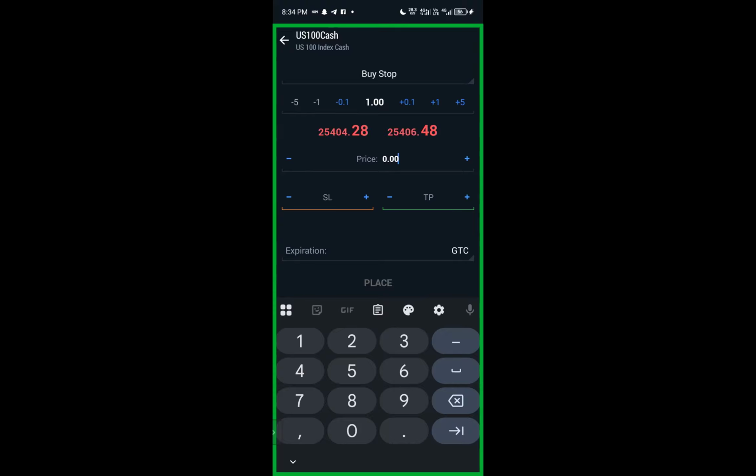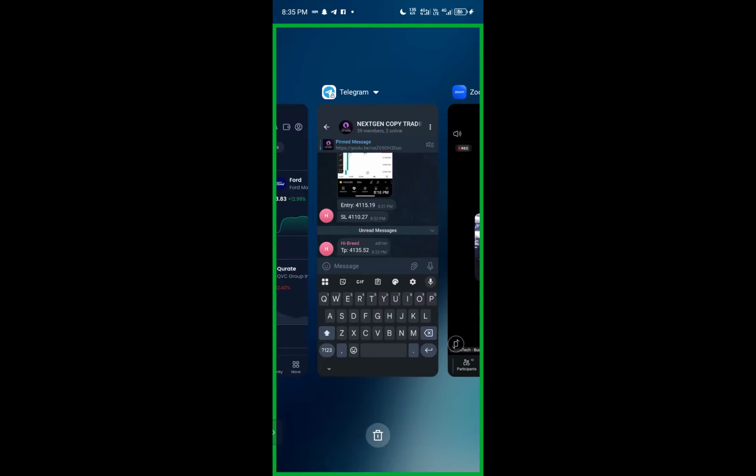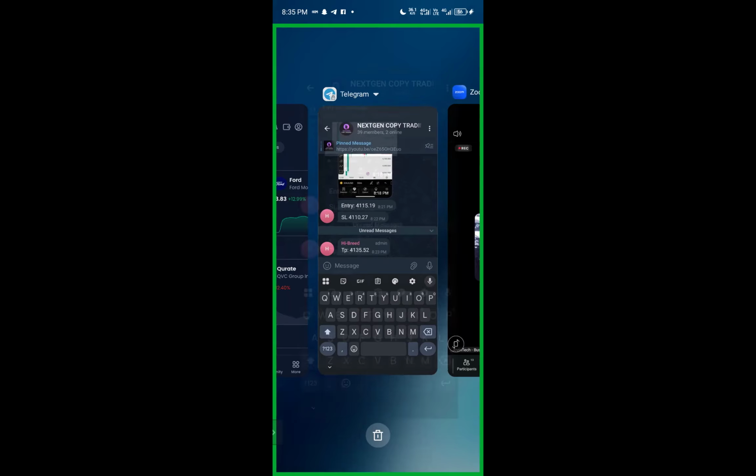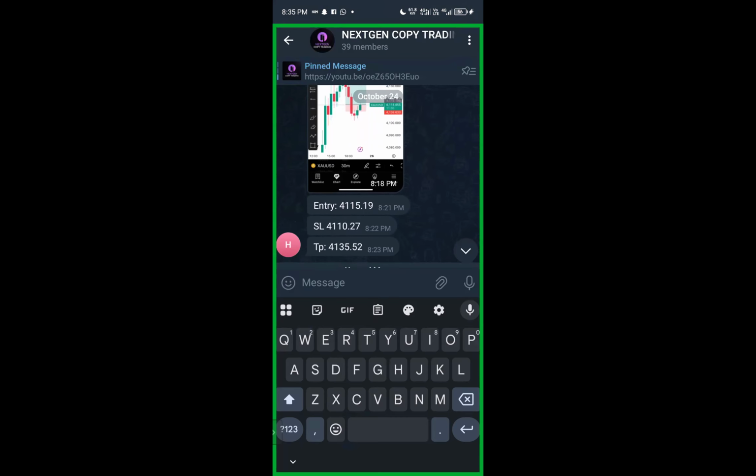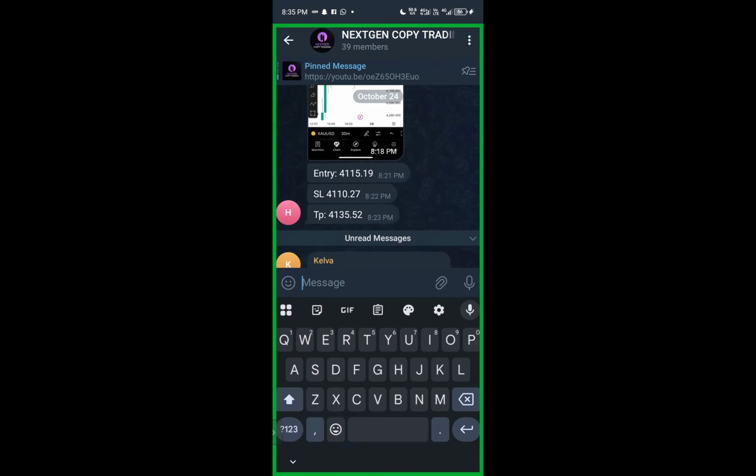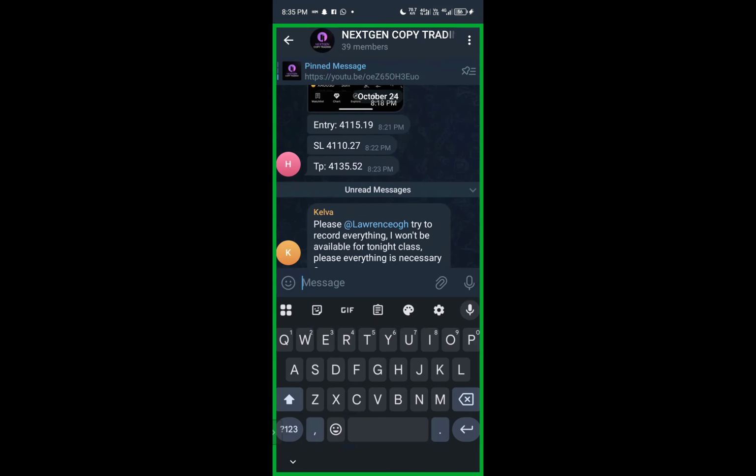Are you getting it? Now, Joy, that price, you can't input it. That's our price. Which is the entry? This price, for NAS, the NAS 100, that is US 100.